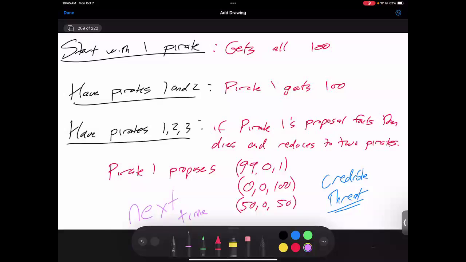And so if you have this multiple times, then you can say, look, do you think if you propose 50, 0, 50, Pirate 3 will view that as fair? Do you think Pirate 3 is concerned with fairness? And again, we're not stereotyping all pirates here. We'll assume that there's no next time. It's a one and done.